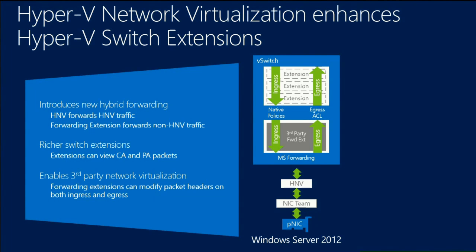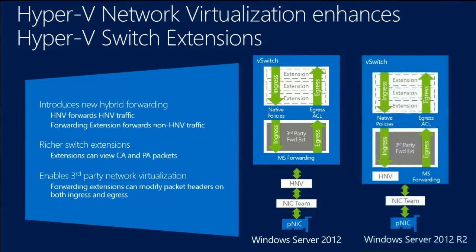Okay? The value of doing that now is that fundamentally all these extensions get to see both the customer address space and the provider address space. So if you have extensions now that want to block traffic, for instance, or do special things with traffic based on the hosted address space also, not just the customer address space, they have the ability to do that.